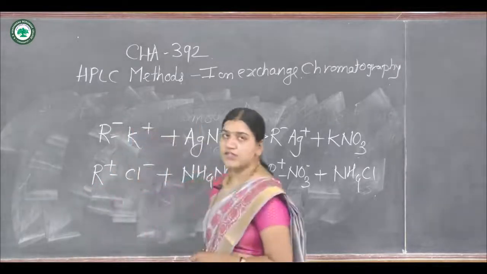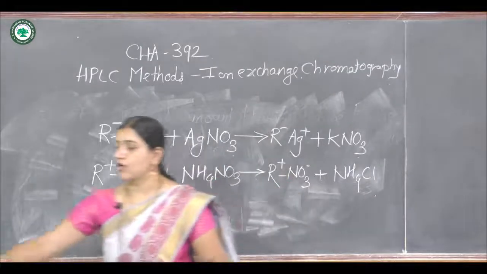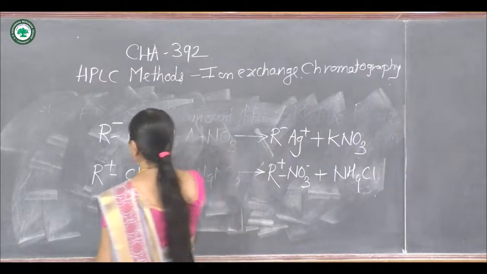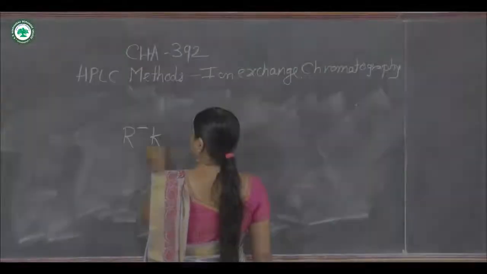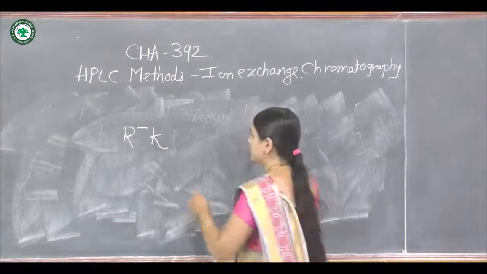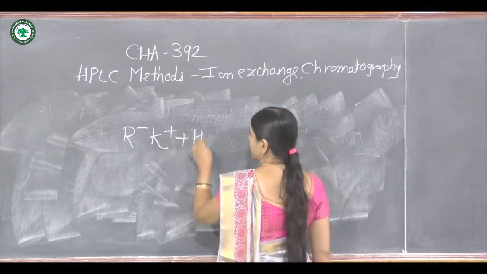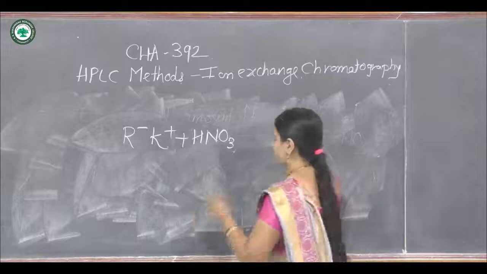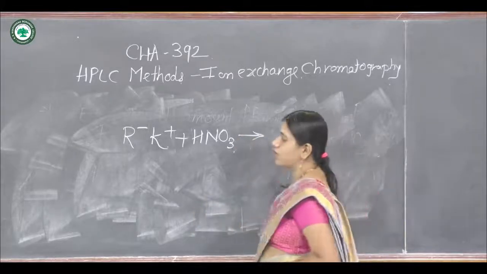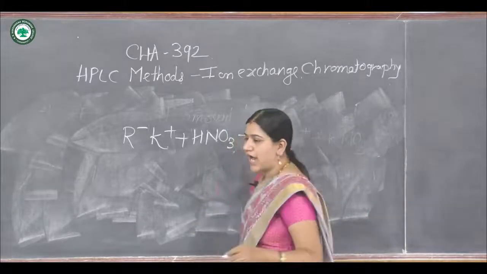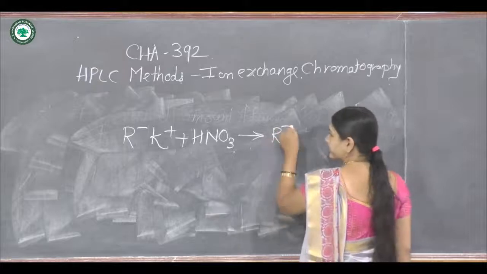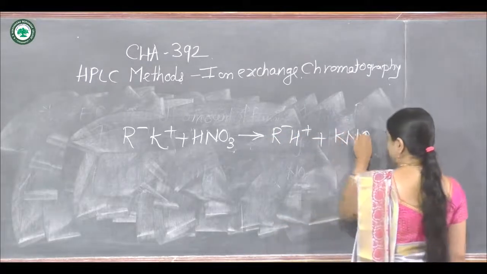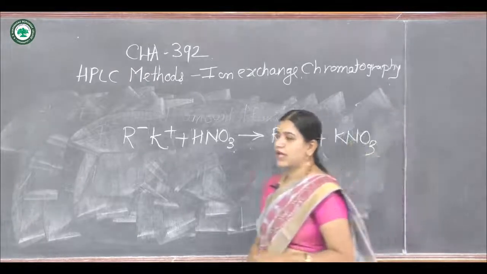So in the case of H plus and OH minus ions, what are the reactions taking place? R minus K plus with HNO3 will form R minus H plus and KNO3.